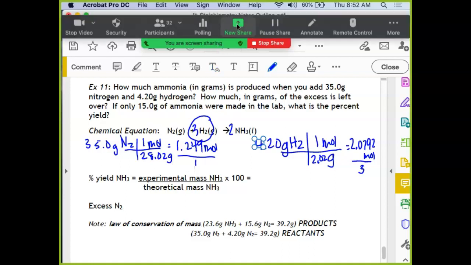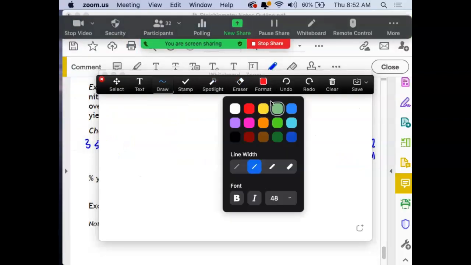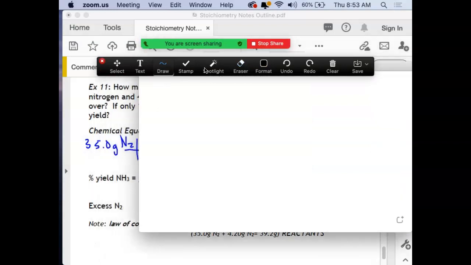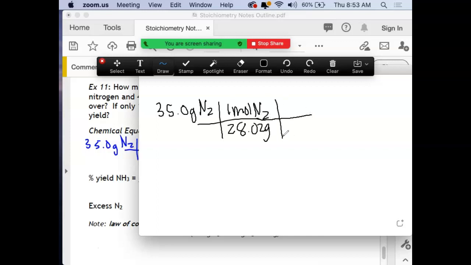Now, I would like to show you the long way and show you that in essence, you're doing the same thing. I am happy for you to do it whatever way you feel the most comfortable with. So I'm going to start over again. 35.0 grams of nitrogen. You take nitrogen and turn it into moles because you cannot compare them unless you're in moles. And then you use the nitrogen to go to your product.